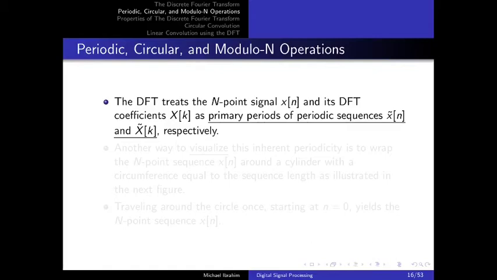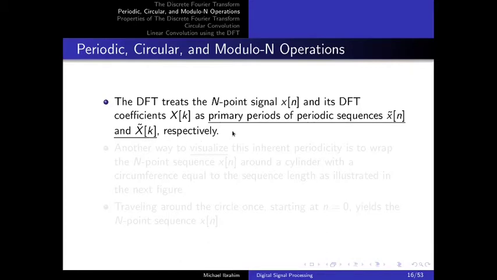Hello everyone. In this lecture we will talk about the properties of the DFT, the discrete Fourier transform. But before we do so, we need to realize the fact that the DFT equations we have seen so far, the two equations for computing the DFT and the inverse DFT, treat the N-point signal x of n and its DFT coefficients x of k as primary periods of periodic sequences x tilde of n and x tilde of k.